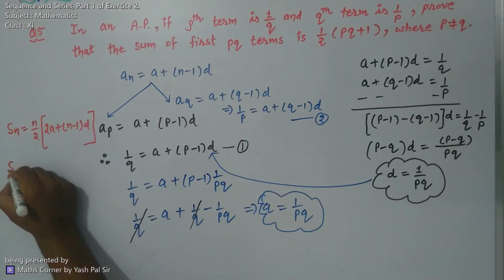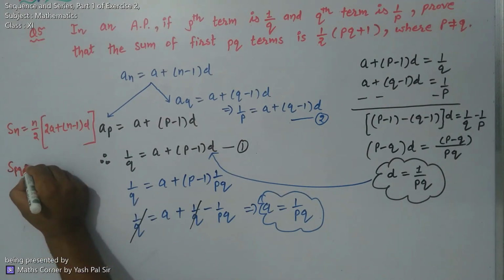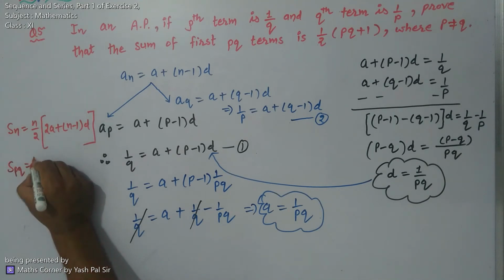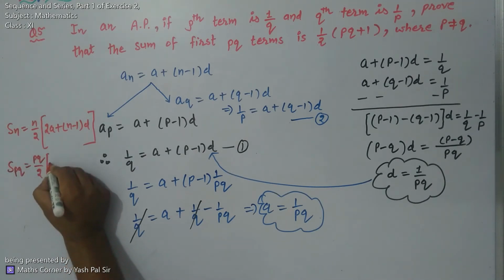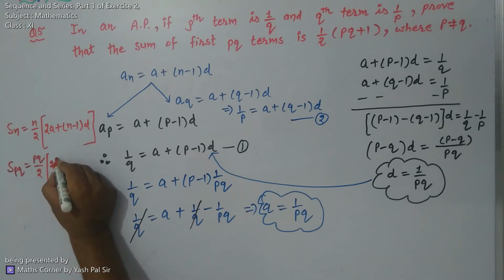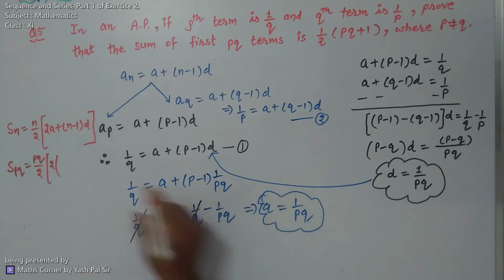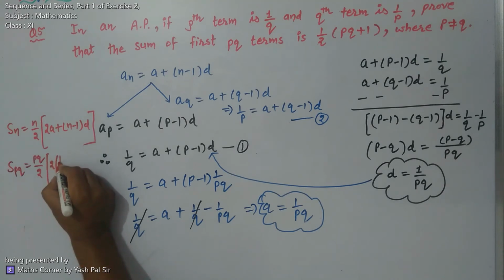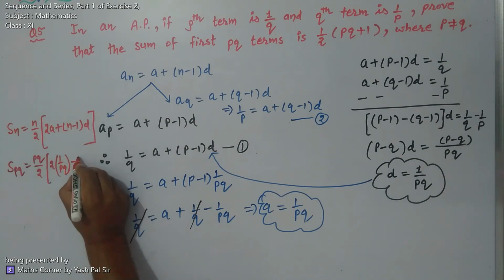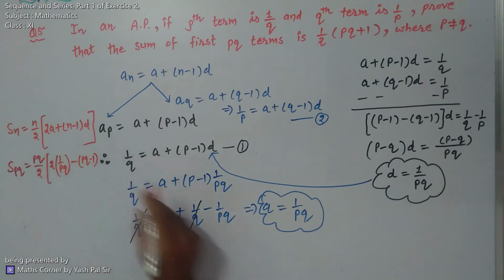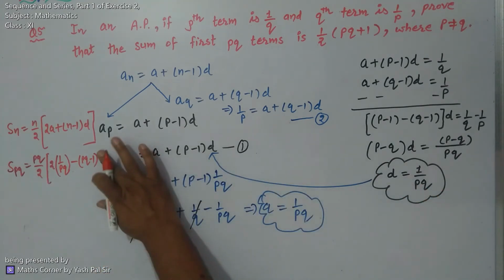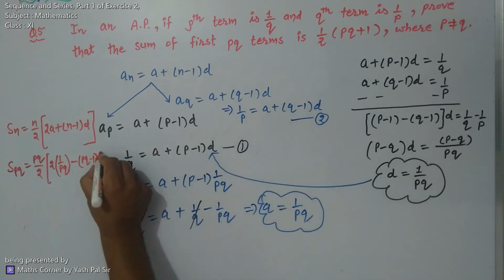So S of pq is equal to n is pq, pq divide 2 into a. The value of a is 1 upon pq, 1 upon pq, minus n minus 1, n mean pq minus 1 into d. D is also equal to 1 upon pq.